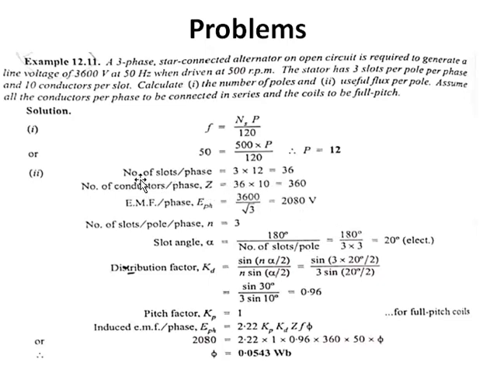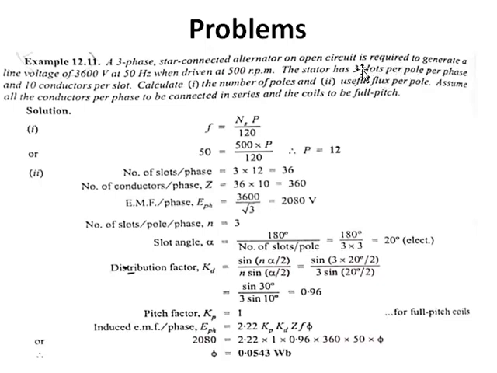So we know how many slots are there per phase. You can see 3 slots per pole per phase is given. We don't want per pole per phase, we want the number of slots per phase only.